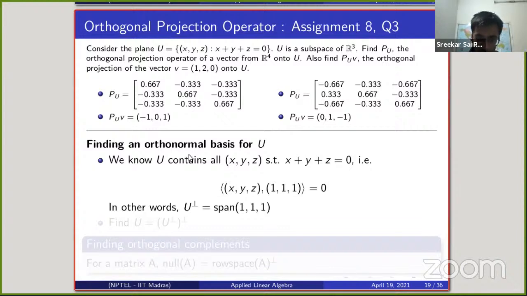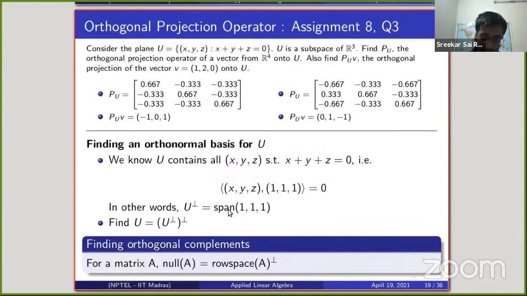Now we know U perp. How do we find U? We basically want a basis for the vector space U. If we recall from Anirudh's question, to find the orthogonal complement of a certain space, we took the basis vectors as the row space, and then found the null space of that matrix.